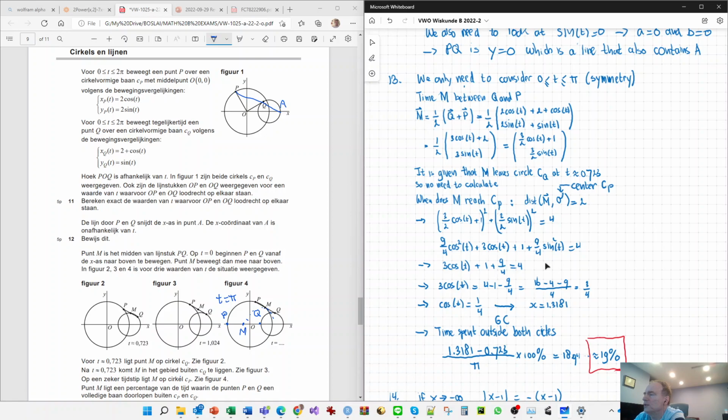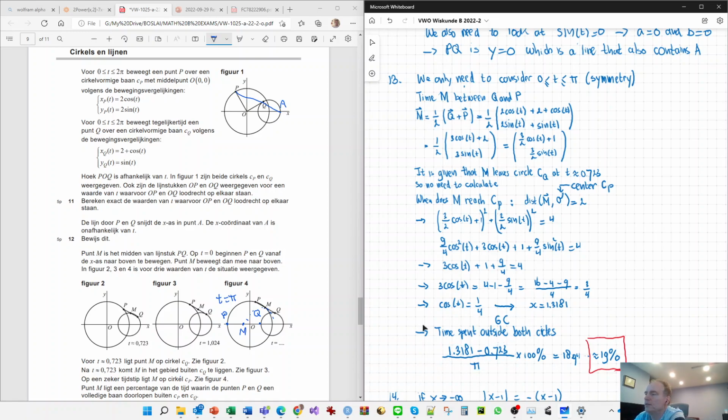Bring these to the right side, then you get 3 cosine t is 3 over 4. In other words, cosine of t is 1 over 4, which is not a standard cosine or sine value. Just put it in your calculator with a couple of decimals, and you get 1.3181, again from 0 to pi.